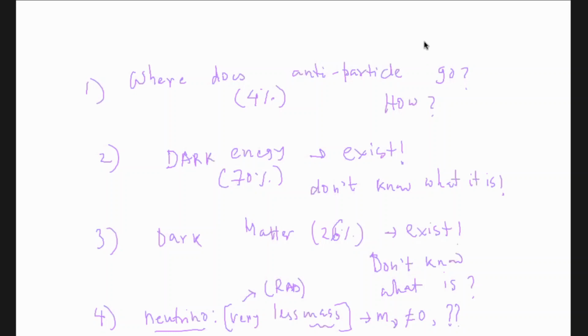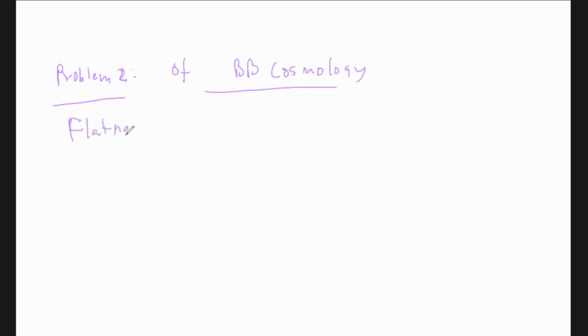Now I'll tell you another problem, problem number two of Big Bang cosmology. The first problem is the horizon problem. Now this problem 2 is called the flatness problem.